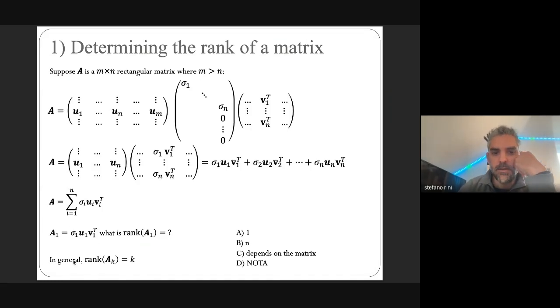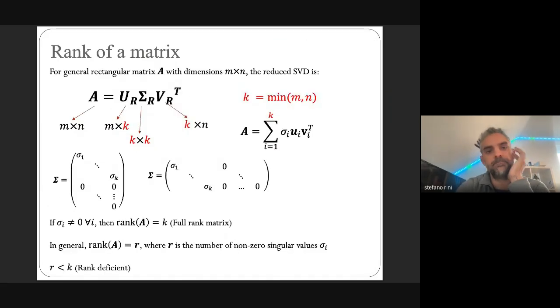So what is the rank of A? The rank of A will be equal to the number of non-zero eigenvalues, right? So you will see in this decomposition how many of the sigmas are greater than 0. The rank of a matrix can always be represented like this.